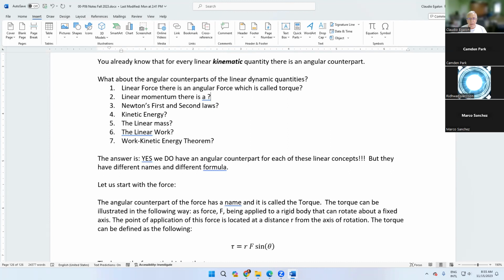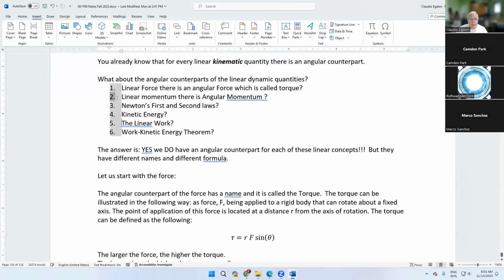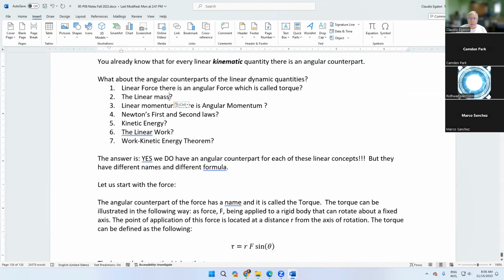For linear momentum, there is also something else that we call angular momentum. And I want to place this one right in here. For a linear mass, there is what I like to call an angular mass. This angular mass we give the name of moment of inertia. And there's no need for a question mark here anymore.